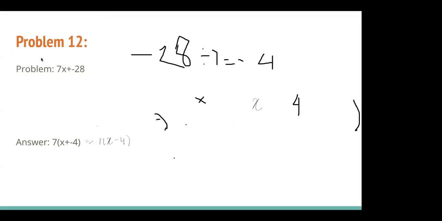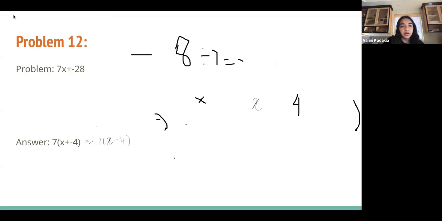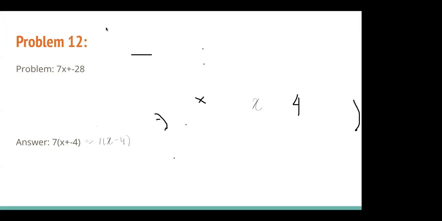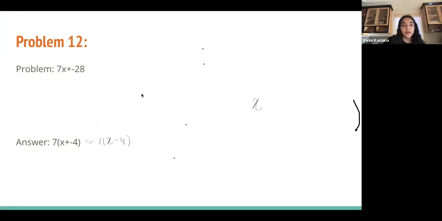Negative 28 divided by 7 equals 1? Okay, go ahead, ask your question.